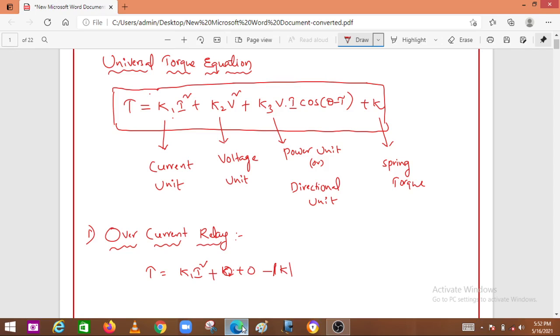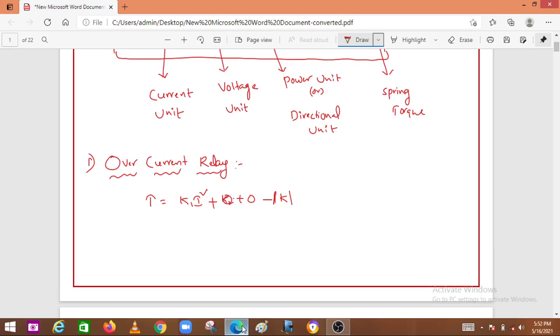This is my equation for the overcurrent relay. I am not interested in the voltage unit and the power unit. Therefore the overcurrent relay equation is T = K1 I² − K, where K is the spring constant.